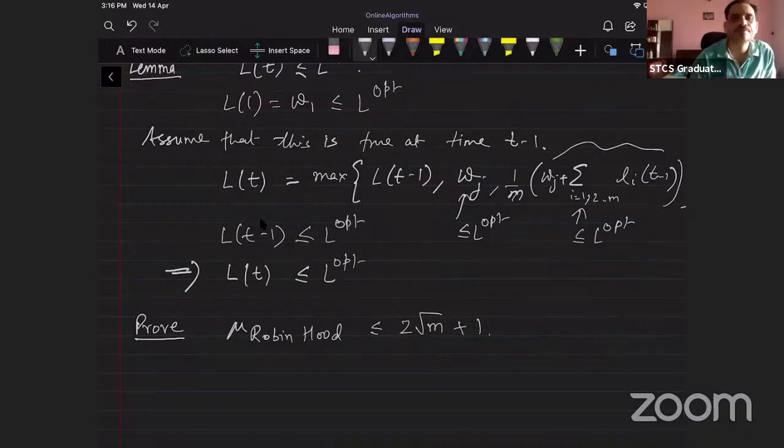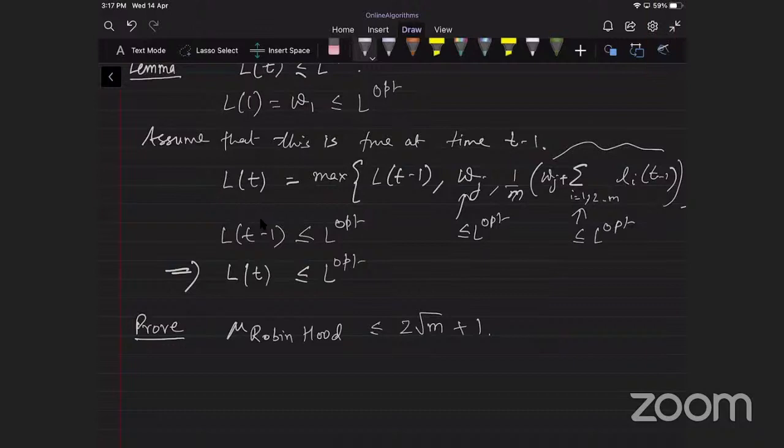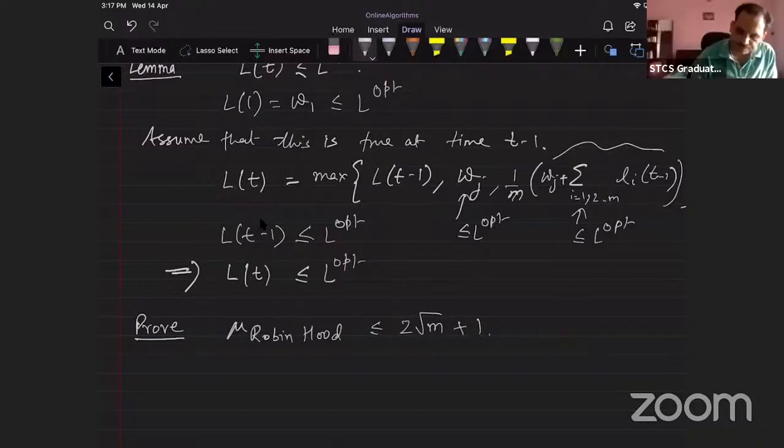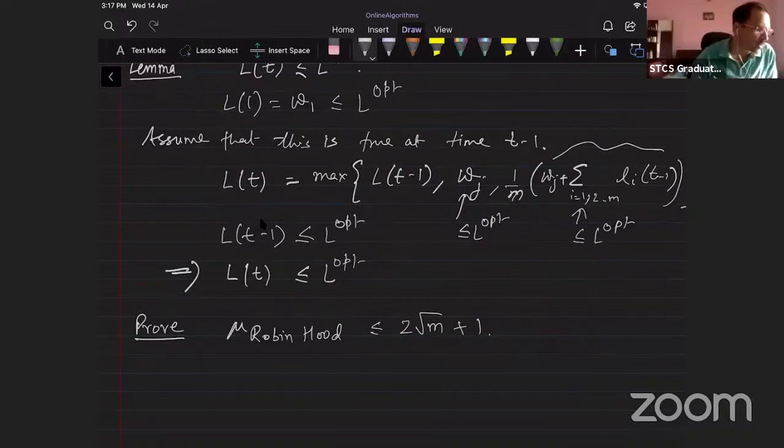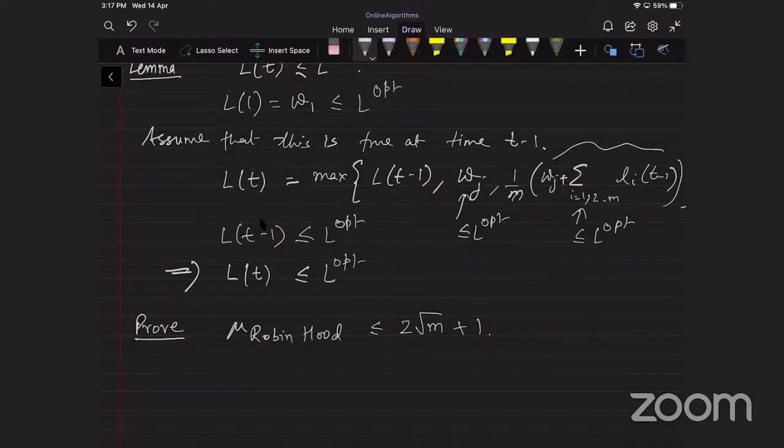Yeah, so we showed that there are at most root M rich machines at any time. So there are always at least M minus root M poor machines. Okay. So why do we need a case when there are no poor machines in the algorithm?